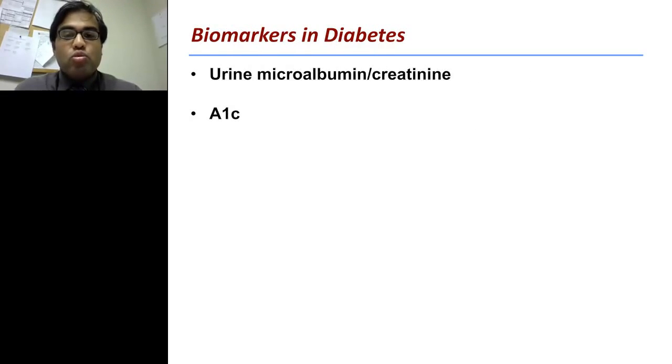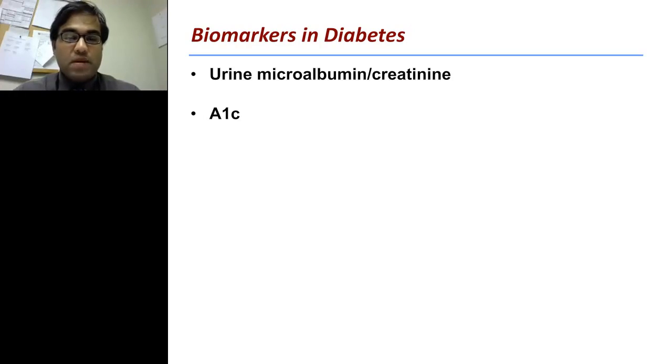Two tools that are well tested and have been utilized in the clinical setting for a long time include the urine microalbumin to creatinine ratio. This is the measurement of protein excretion from the kidney in urine. It gives us an idea of potentially early damage in diabetes.